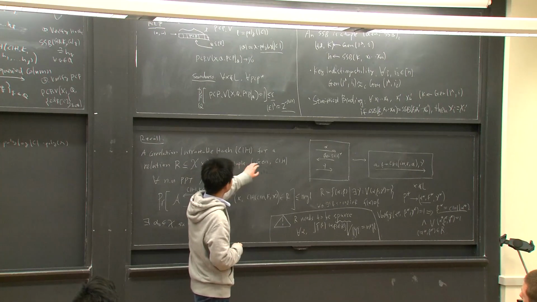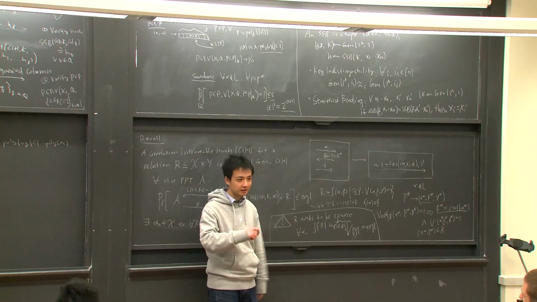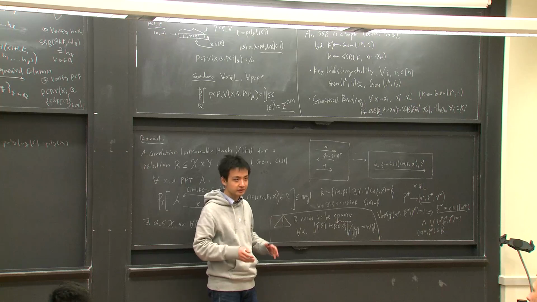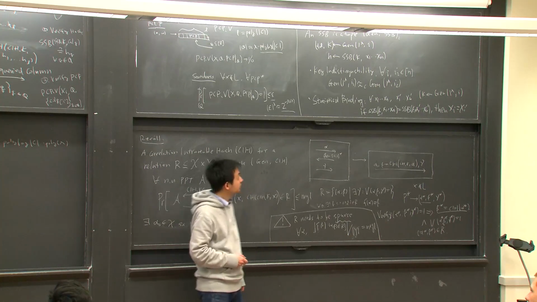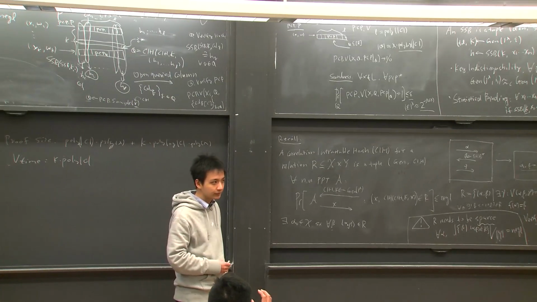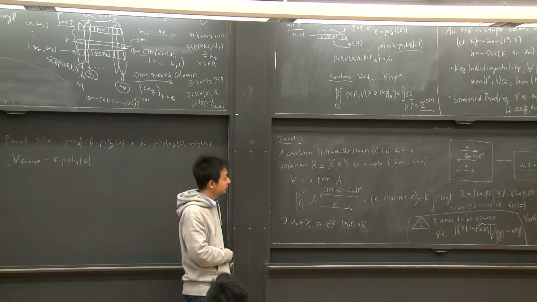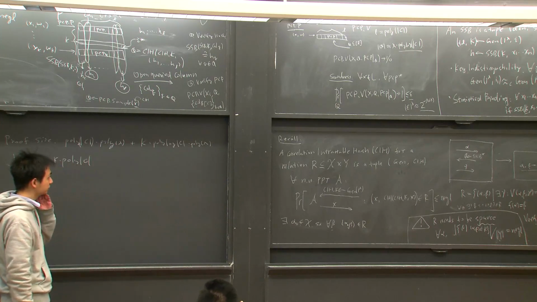Here we have a lambda term because we need to do the parallel repetition. You take a PCP with constant soundness error, and you amplify it lambda times by parallel repetition. You can have a PCP with perfect completeness, so you don't need to worry about that when you do the parallel repetition.